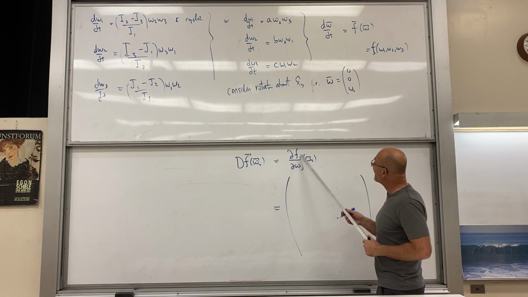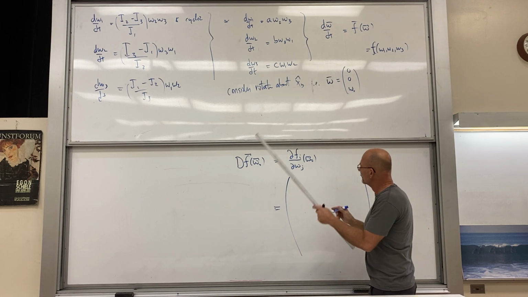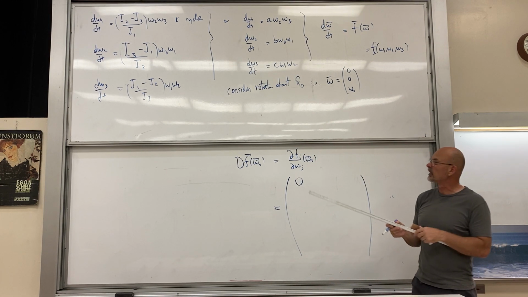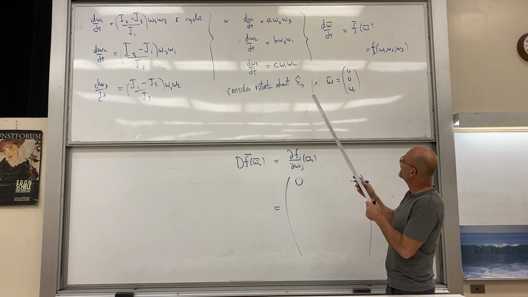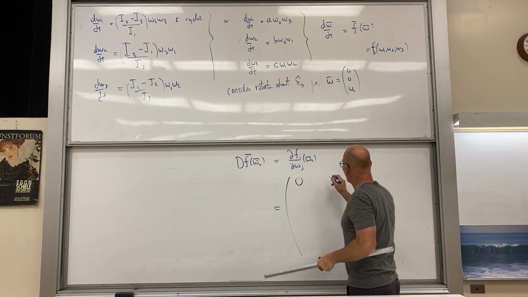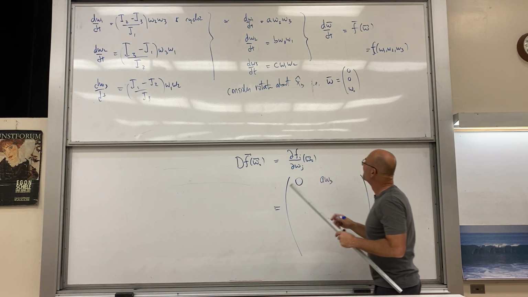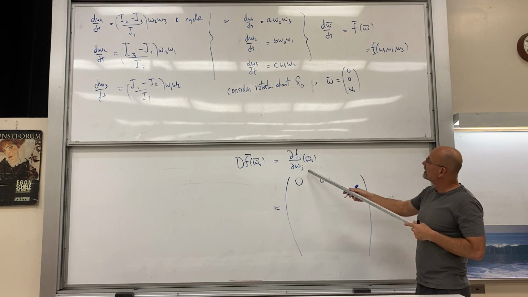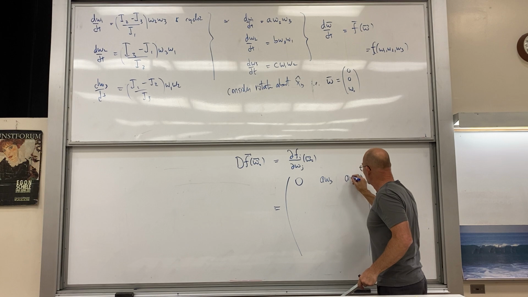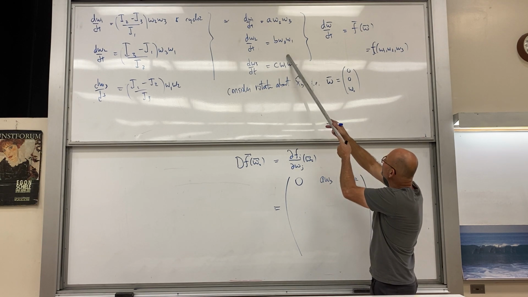So df1, d omega 1, there's a 0. By the way, this matrix is going to have a lot of zeros in it. Nothing wrong. So df1, d omega 2 is a omega 3, and df1, d omega 3 is a omega 2.